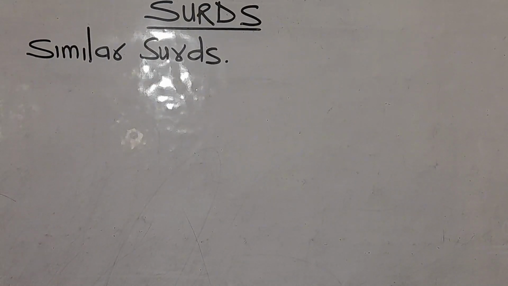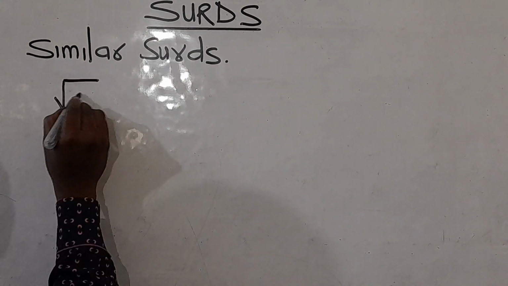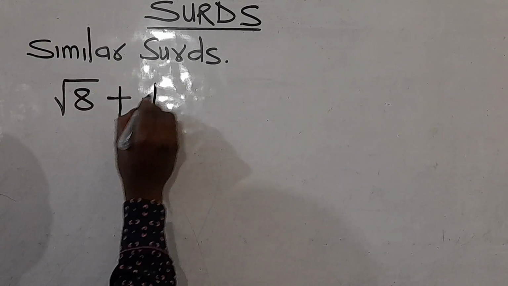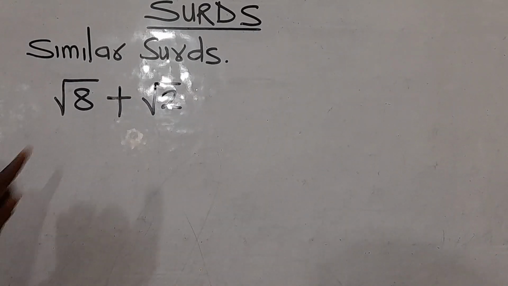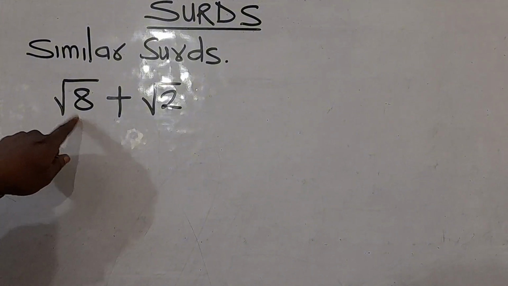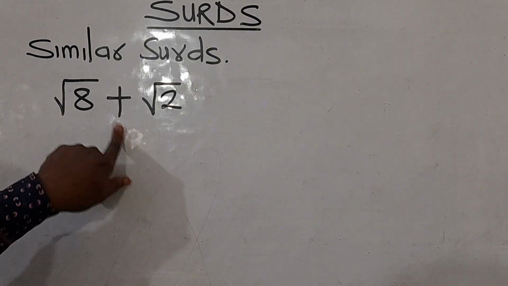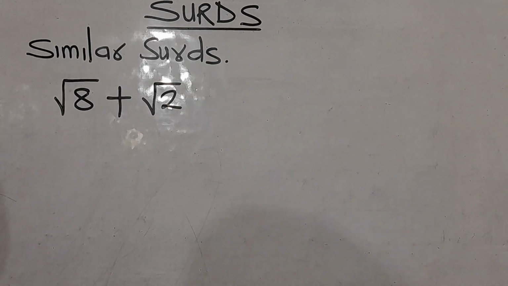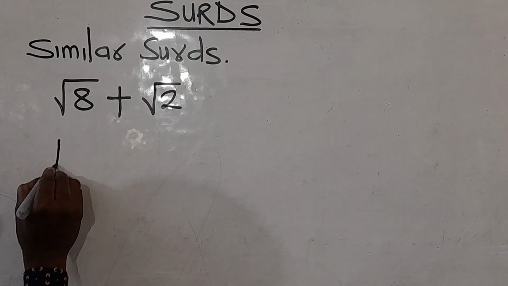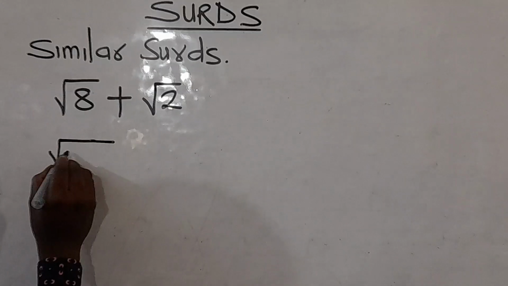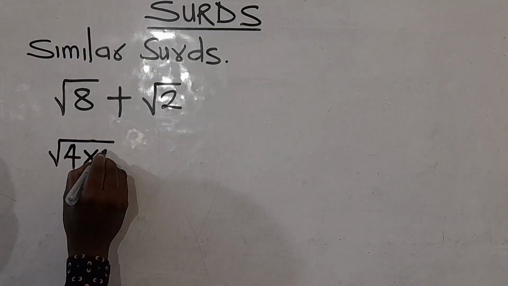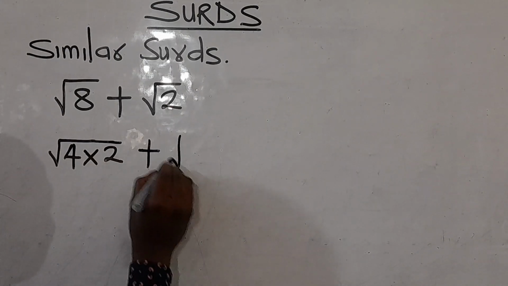Sometimes examiners may want to test a deeper understanding of this by telling you to add root 8 plus root 2. Now look at this. If you notice that a perfect square can divide, you first simplify before you know if they are similar or not. This is the same thing as root, the highest square that can divide 8 is 4 times 2, plus root 2.